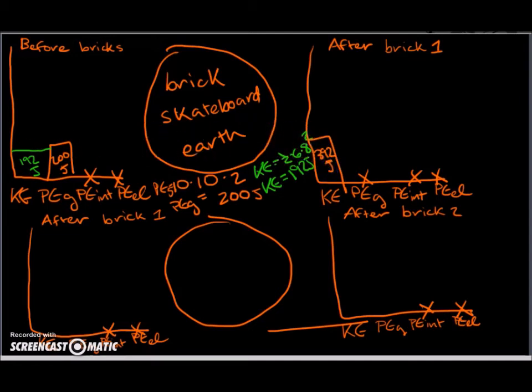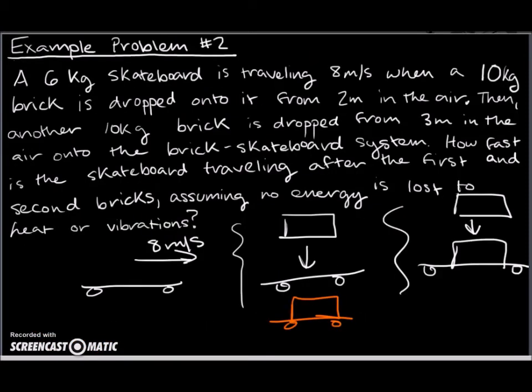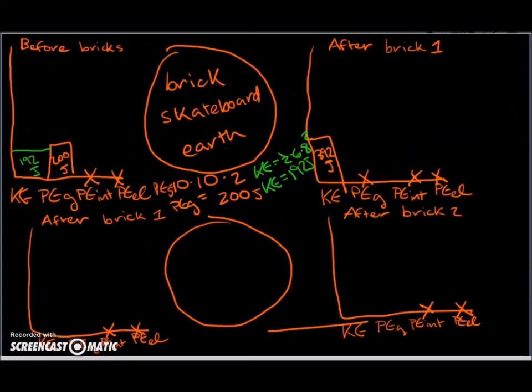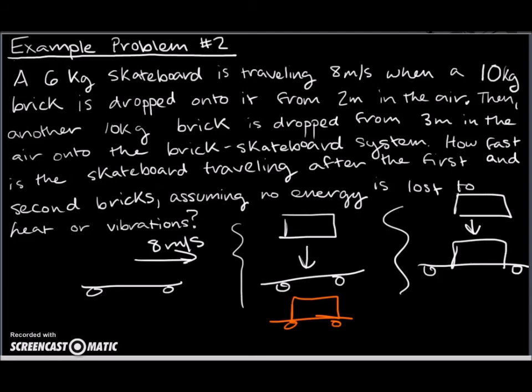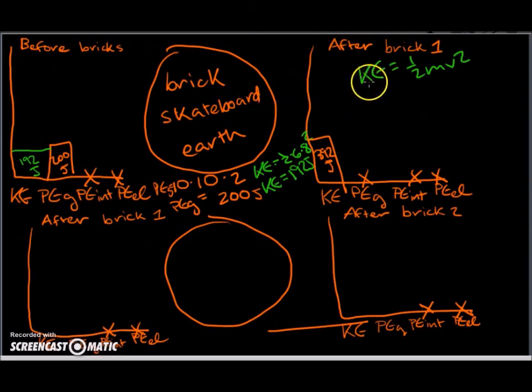So the problem is asking us what the velocity of the skateboard is after the first brick and the second brick. So after the first brick, our kinetic energy is equal to 392 joules. And we know that our mass is actually equal to that of the brick and the skateboard because that is our new system, quote unquote, that's traveling.